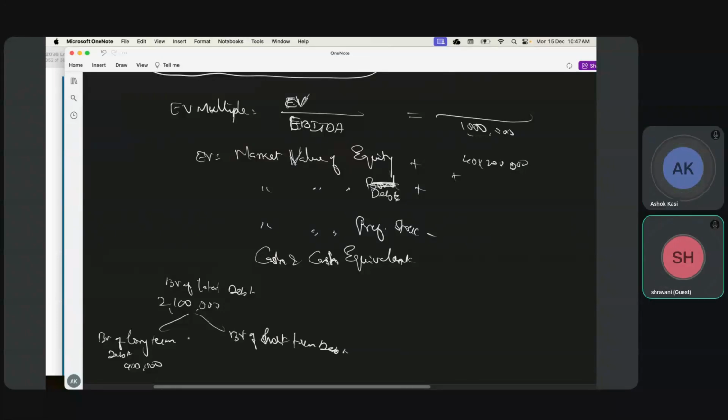The remaining amount. Long term is 900,000, total debt is 2.1 million, so the remaining short-term debt is 1.2 million.